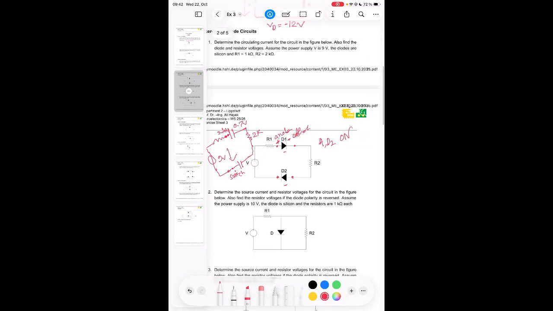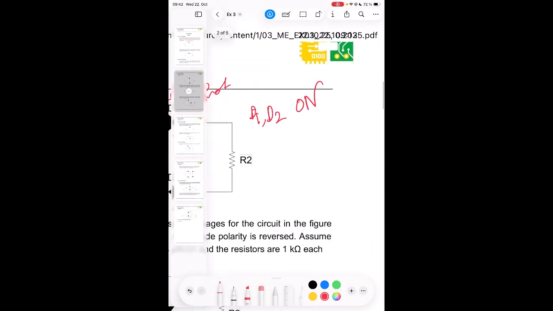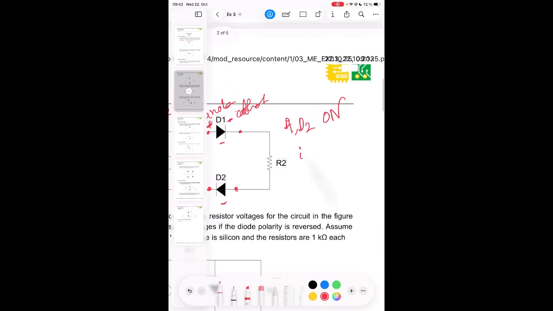That means 9 minus 0.7 minus 0.7, divided by the overall resistance, which is 3K, which is then 7.6 divided by 3K, which is 2.533 milliamps.